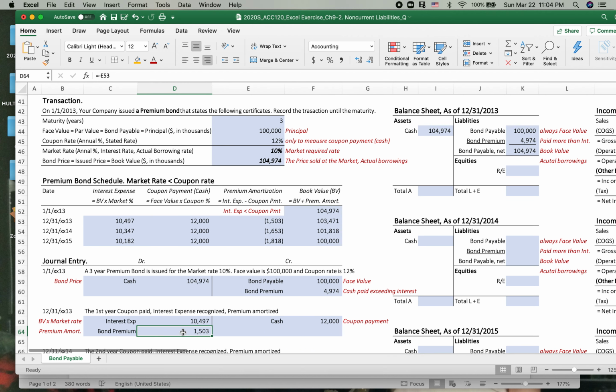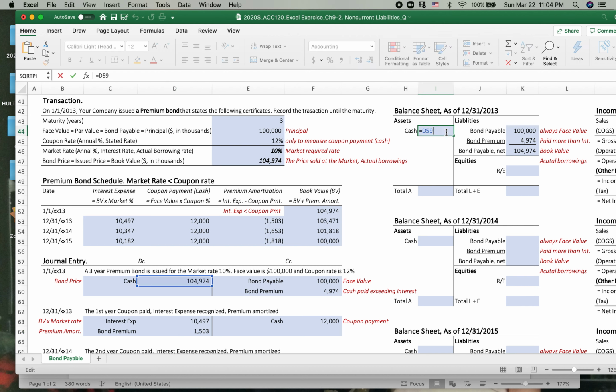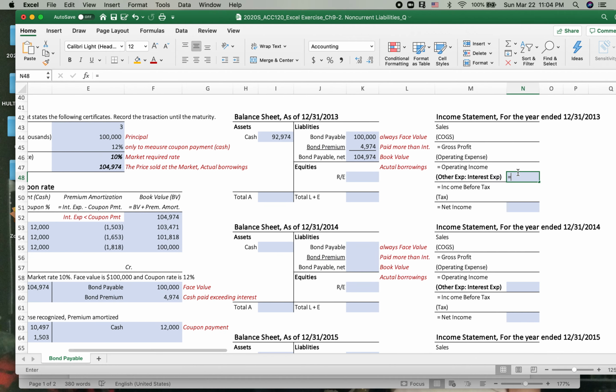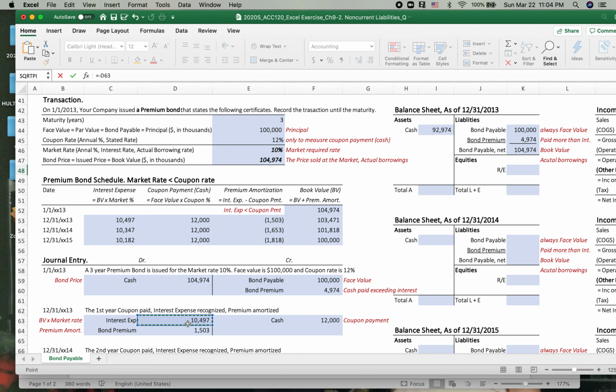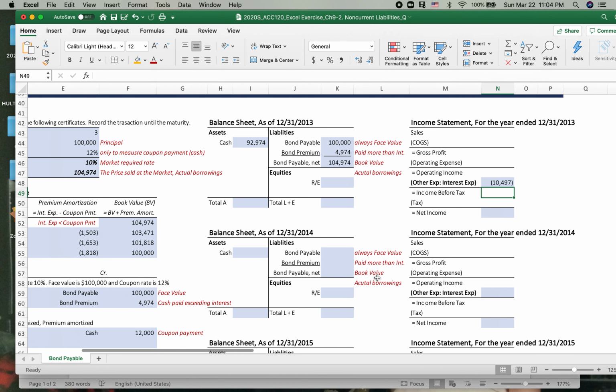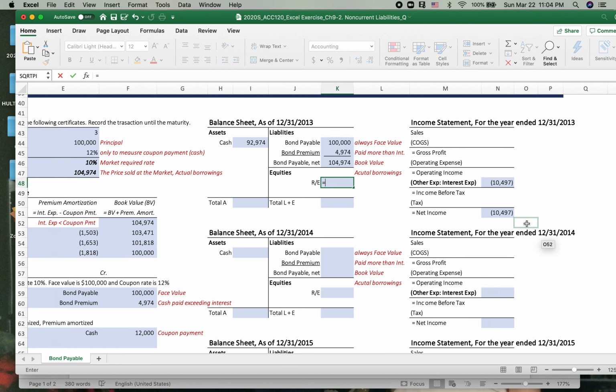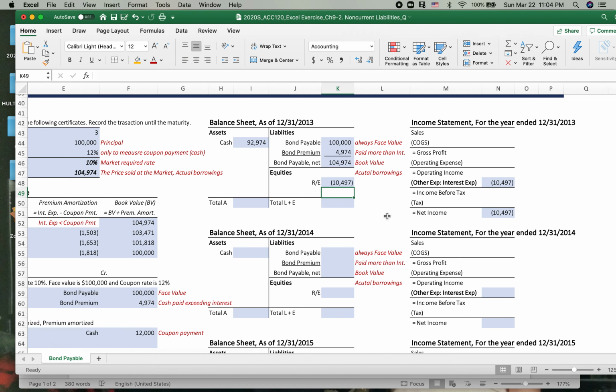And then the December 31st, 2013, the cash out from the coupon payment and the interest expense minus on the income statement 10,497. So assuming that we don't have any other transaction, retained earning is accumulating the net income.